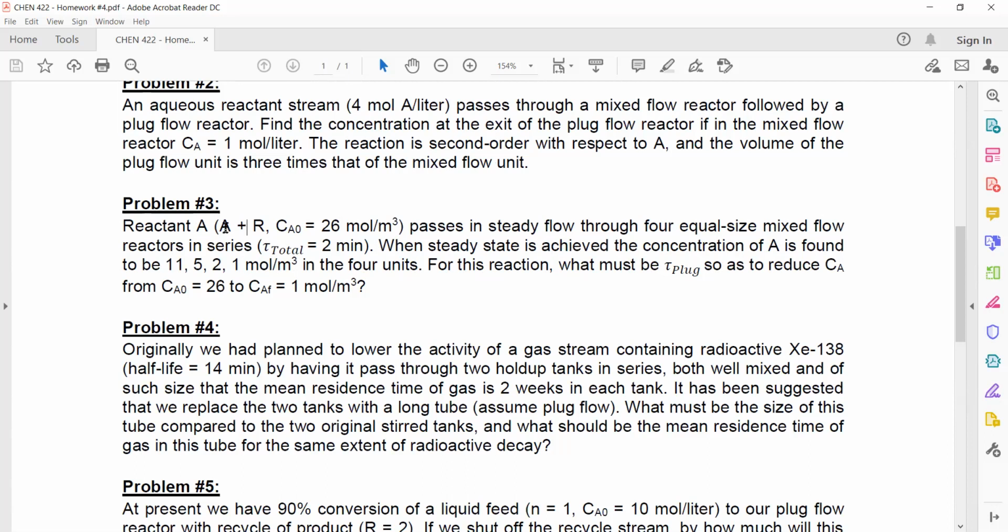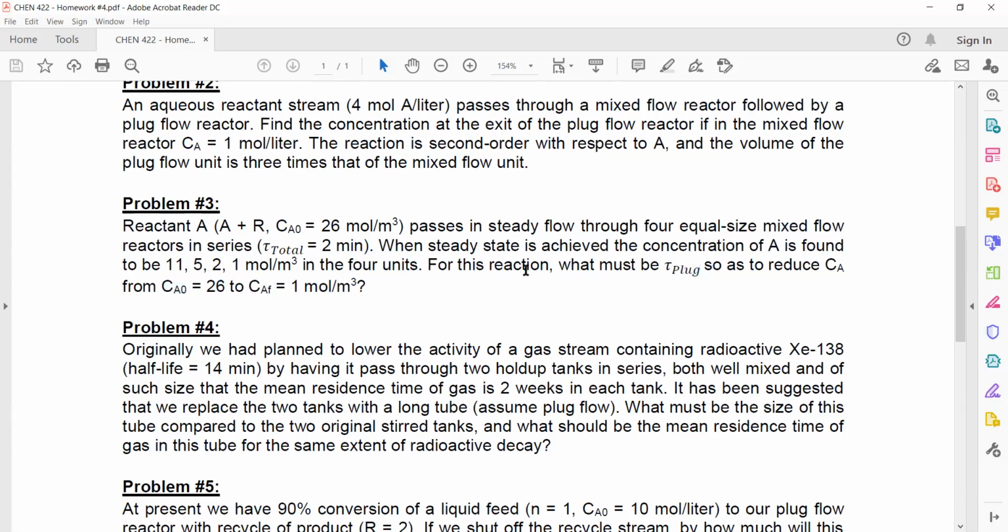Okay, so you're given a reaction, A goes to R. You're given an initial concentration, 26. You're told it goes into 4 equal sized CSTRs with an overall space-time of 2 minutes, and at steady state the intermediate concentrations are 11, 5, 2, and 1. You're being asked what is the equivalent space-time in a plug flow to achieve the same conversion.